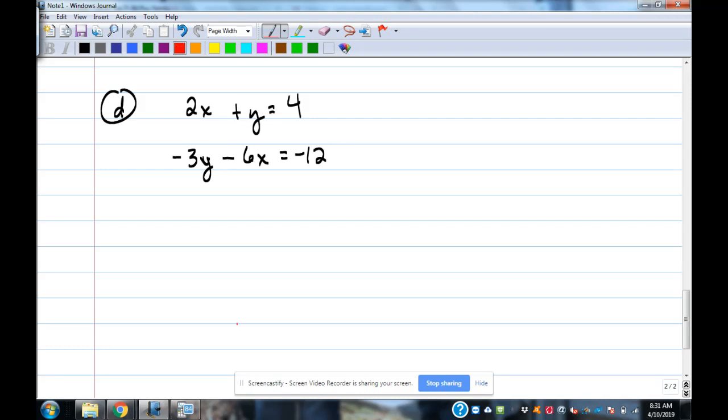We know the second equation very easily could be done incorrectly because it almost looks correct in the right order and everything. But the second equation should be -6x minus 3y.